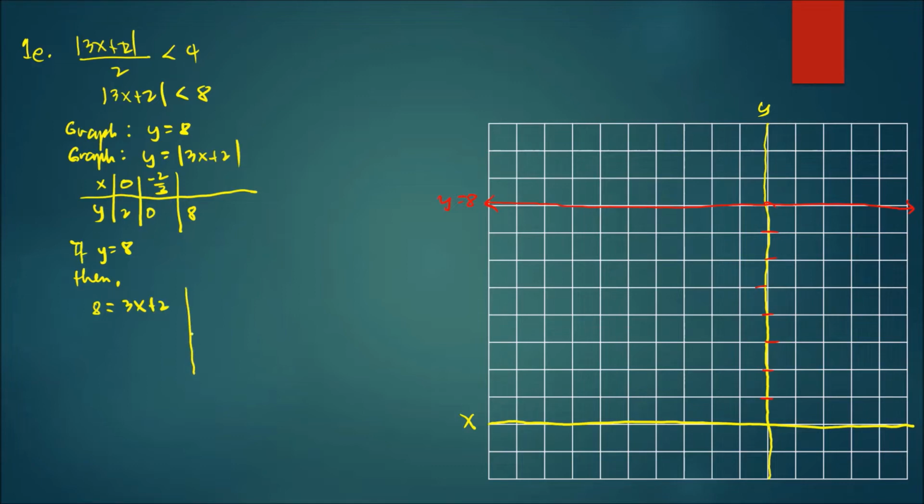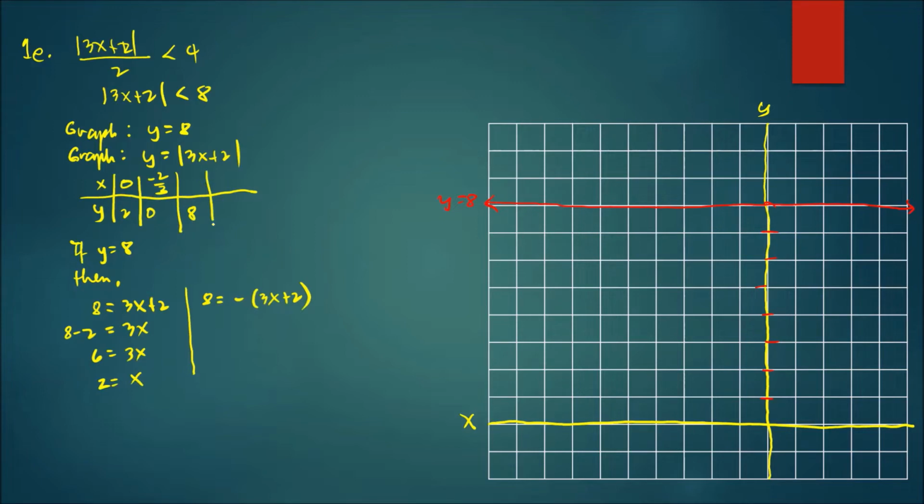But there is another possibility. That is 8 is equal to the negative of 3x plus 2. So for x, we have 8 minus 2 is equal to 3x. 8 minus 2 is 6 is equal to 3x, or x is equal to 2.